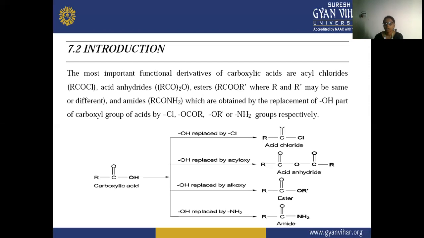Means one can be alkyl and the other can be acyl, or both R and R dash can be alkyl. And the amide has the formula RCONH2, where the OH is replaced by the NH2. So these are the carboxylic acid derivatives introduction.